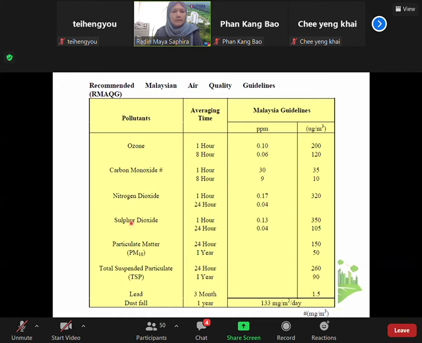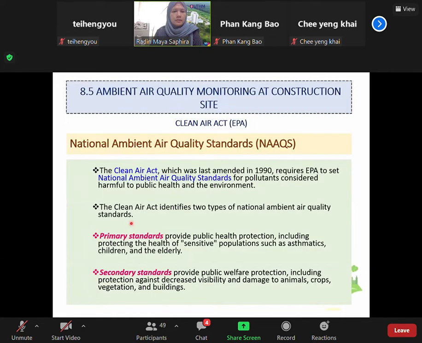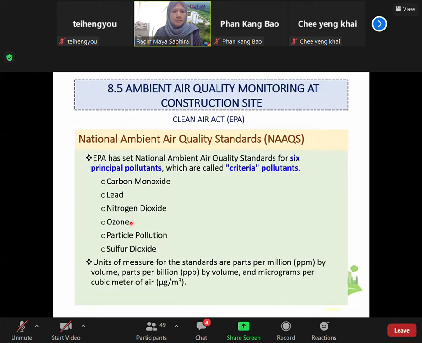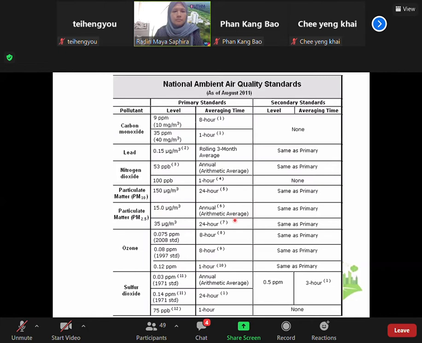Okay, ini guideline, right? And we also have this National Ambient Air Quality Standard from the EPA, Environmental Protection Agency, for the 6 principal pollutants, ini yang paling significant or main pollutants that we need to control.